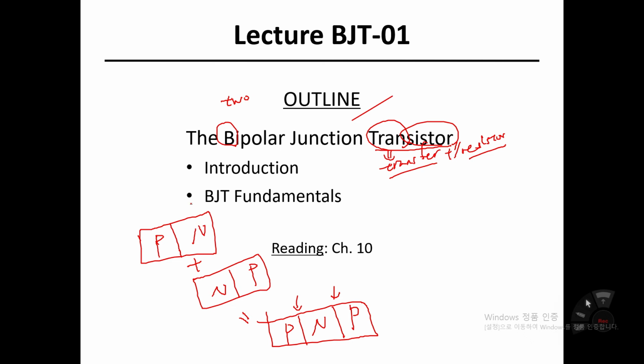All right. So as the first lecture note, I'm going to briefly introduce what the BJT, bipolar junction transistor, is. Actually, we have done it, right? Two PN diodes are connected in series, then we can build up the PNP bipolar junction transistor. So we're gonna study some more device physics within the BJT.